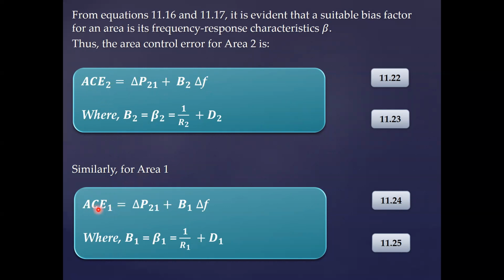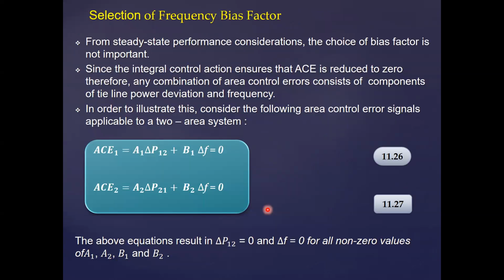So you can see the area control error is defined for each area, which is the sum of the tie line power and the frequency bias factor product. The point is how to select the frequency bias factor, and what the criteria should be. We have the integral control action, which will drive the area control error signal to 0.